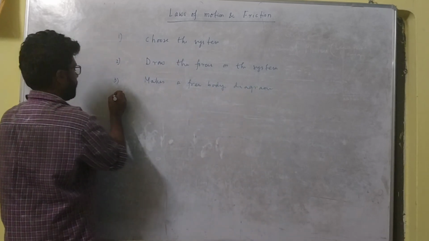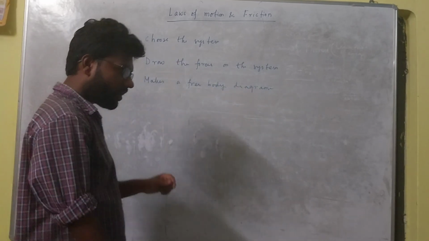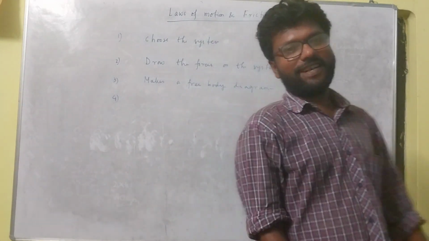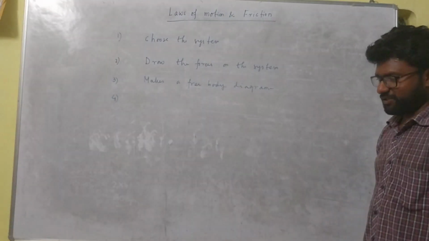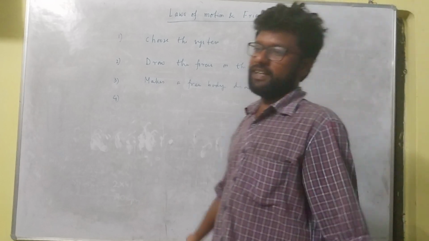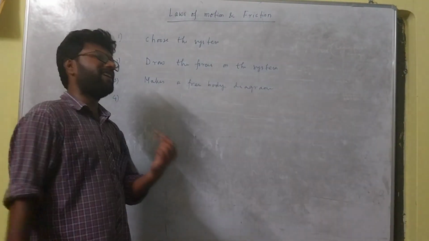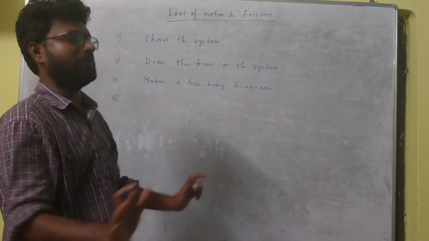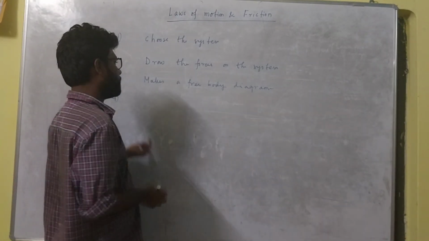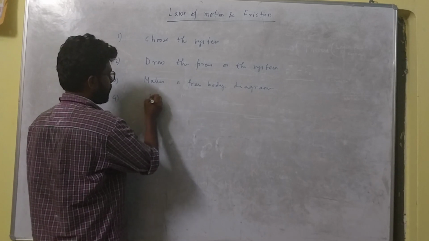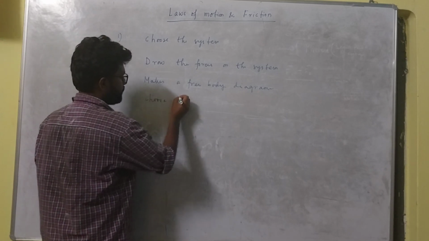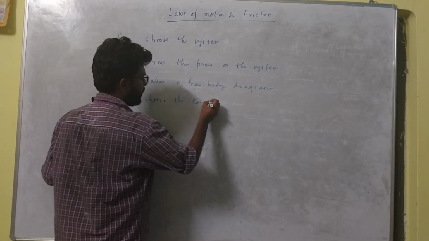Now, number 4, choose a coordinate system. If it's one-dimensional, then it's very easy to choose. If it's two-dimensional, it's quite difficult, but it's very simple. Okay, so number 4, choose the coordinate system.